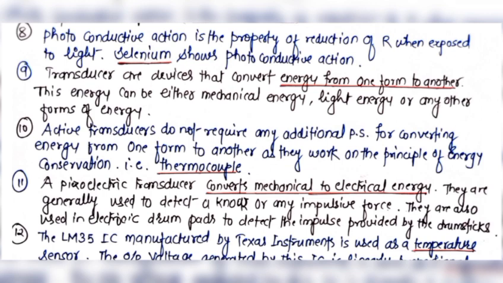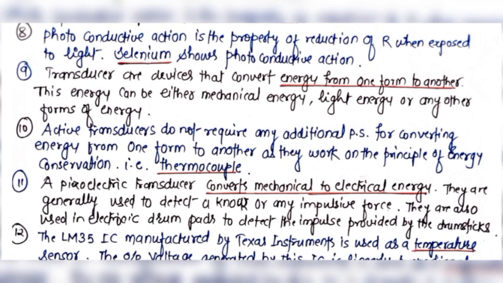Transducers are devices that convert energy from one form to another. This energy can be mechanical energy, light energy, or any other form of energy. Active transducers do not require any additional power supply for converting energy from one form to another, as they work on the principle of energy conservation, for example the thermocouple.